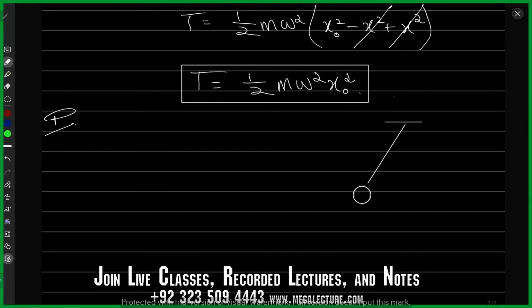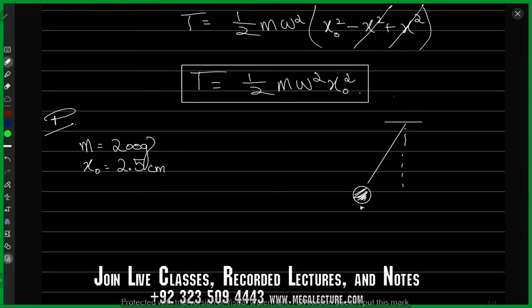The mass attached to the pendulum is 200 grams. Suppose I take the maximum height that I raise it to, which is the amplitude of the oscillation, x naught, as 2.5 centimeters.